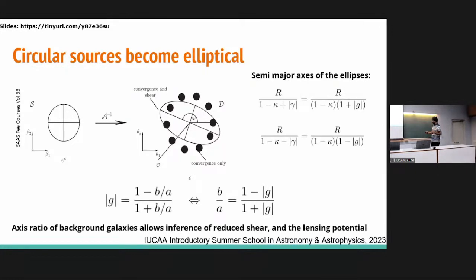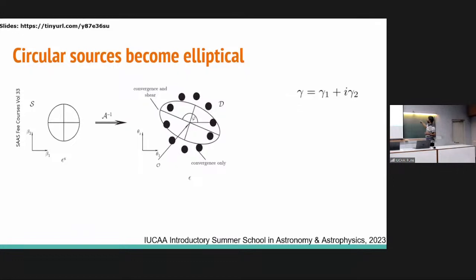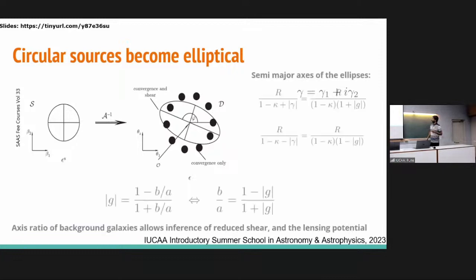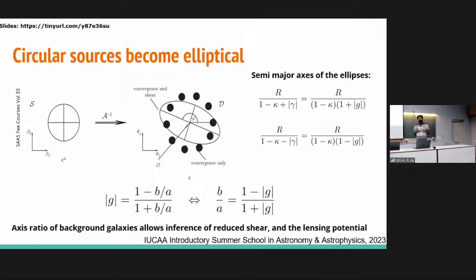So then what you can do is you can ask, okay, if I have this gamma which is equal to gamma 1 plus i gamma 2, how are the axis ratios that I see for this new ellipse related to these numbers, kappa, gamma 1, and gamma 2? So for that, what you need to do is you take the magnification matrix that we had and you try to diagonalize it. Because when you diagonalize it, you get the eigenvectors and the eigenvalues.